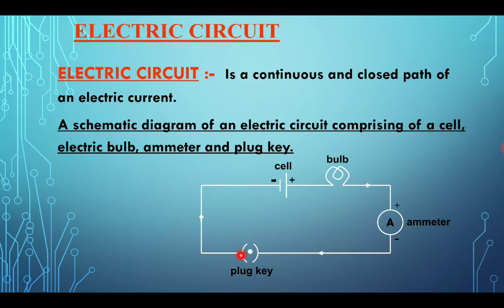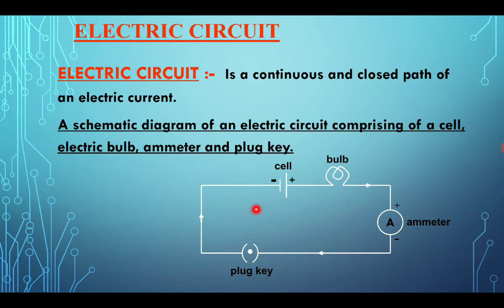Now if the plug key is open, no current is going to flow. But if the key is inserted, the current has a path and passes through this wire, through the ammeter which measures that current, and the bulb starts glowing. So this is the simplest form of an electric circuit.